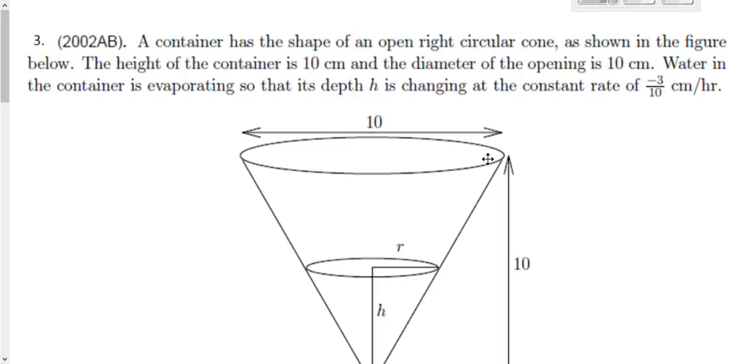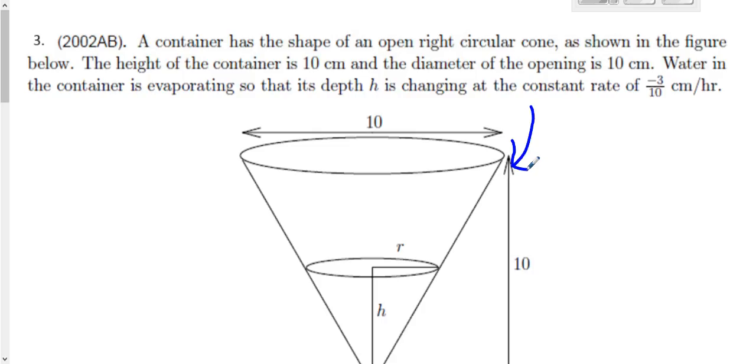Okay, so let's look at FRQ number 3. FRQ number 3 says that a container has the shape of an open right circular cone, which they gave us the shape of down here, as shown in the figure below. The height of the container is 10 centimeters, and the diameter of the opening is 10, which they've also labeled for us.